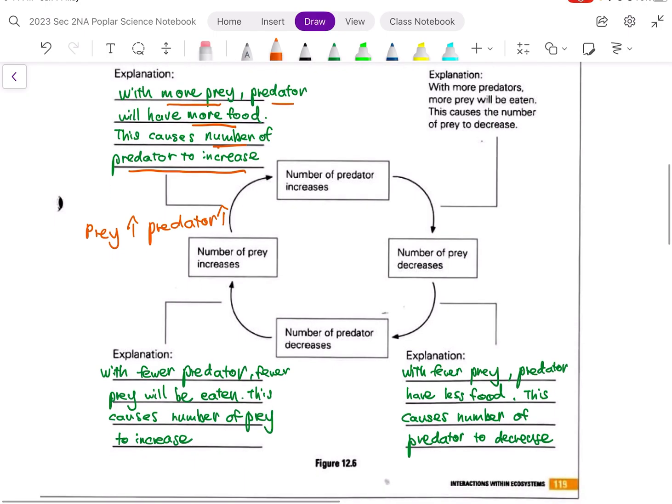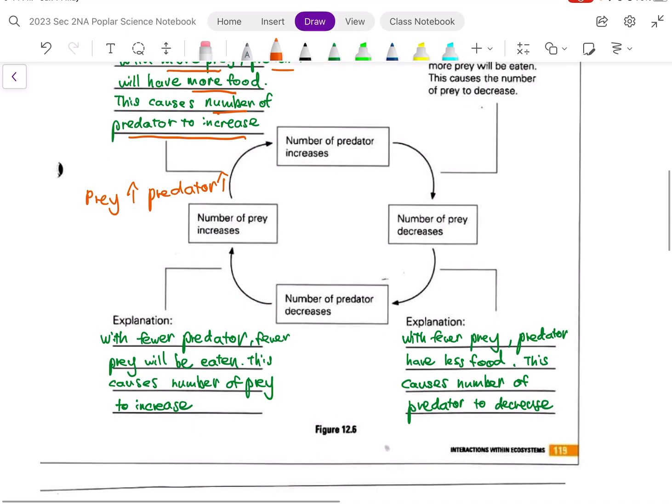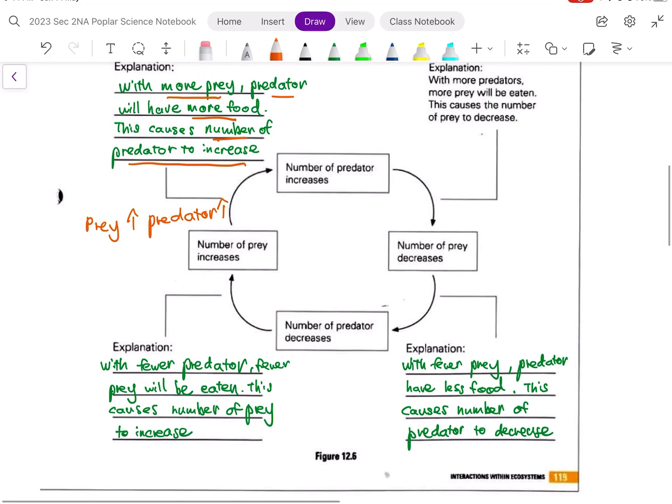Then what happens if your predator drops? Normally that will result in an increase in the number of prey. With fewer predators, fewer prey will be eaten, so the number of prey will increase.